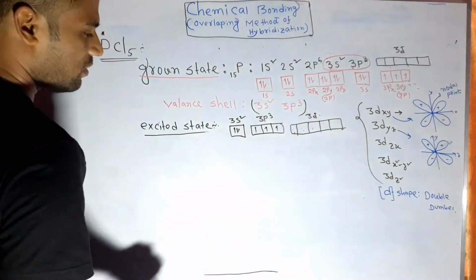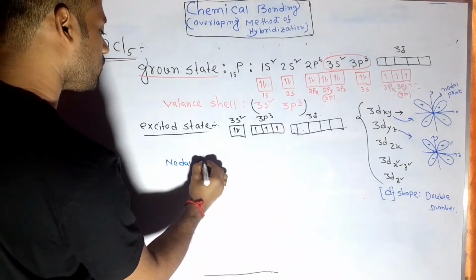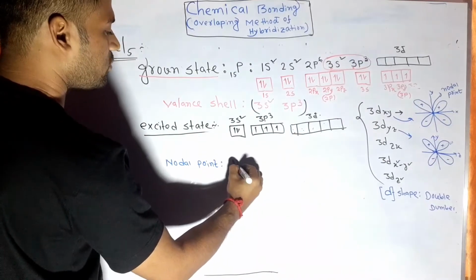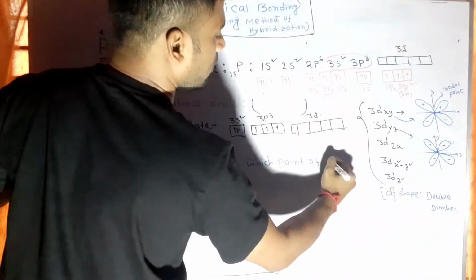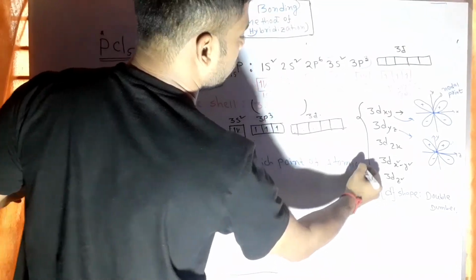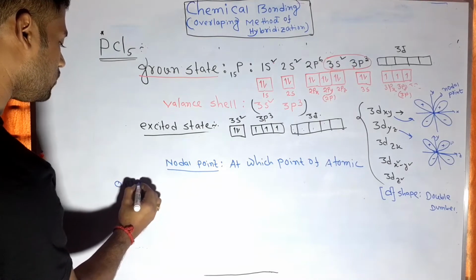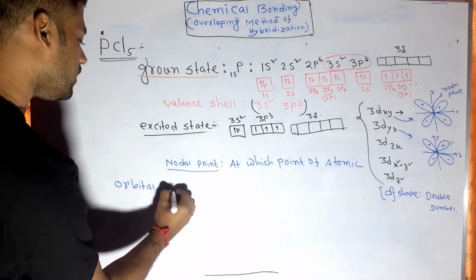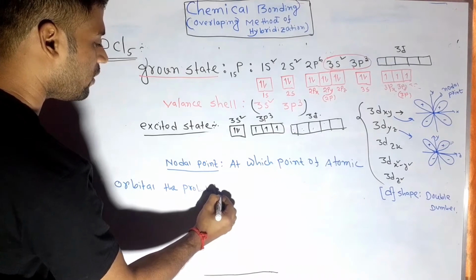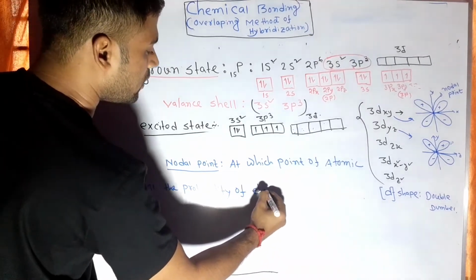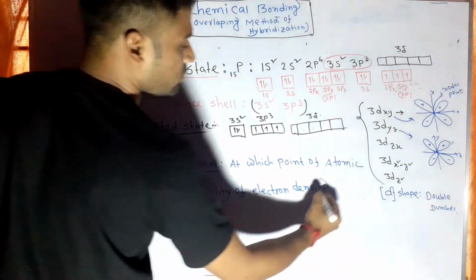What is the meaning of nodal point? It is the point of an atomic orbital at which the probability of electron density is 0.